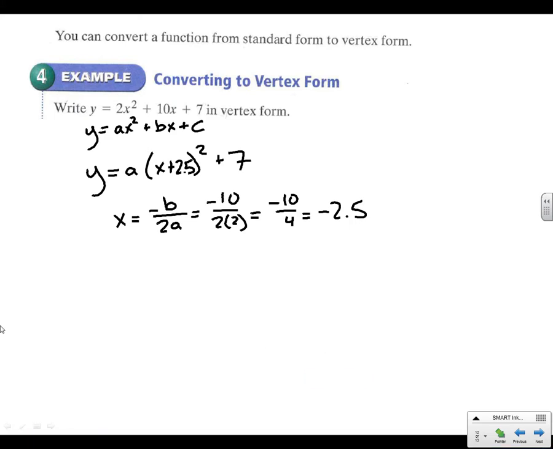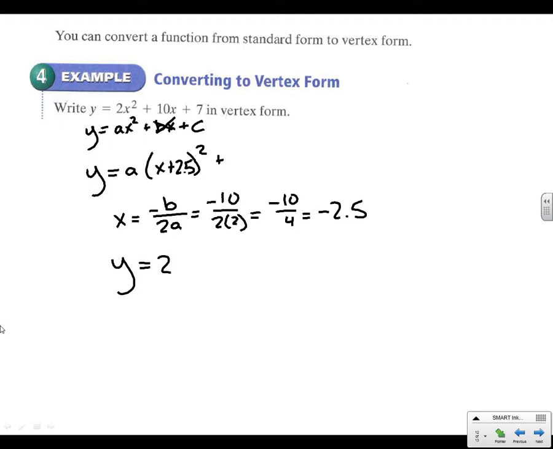All right, I apologize for that. I got greedy. It's not 7. It's only 7 if we don't have a b. That was going too fast. From 5-1, there was a point where if b is 0, then the vertex's y value is c. But we do have a b here, so we have to plug this back in to figure out the k.